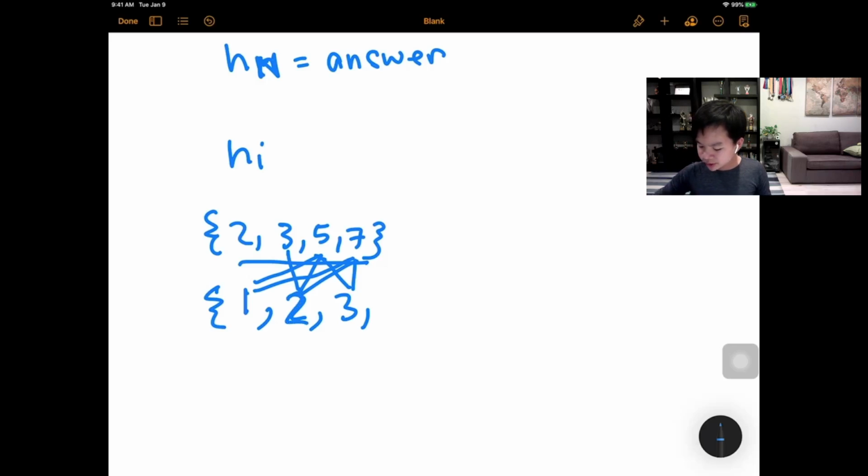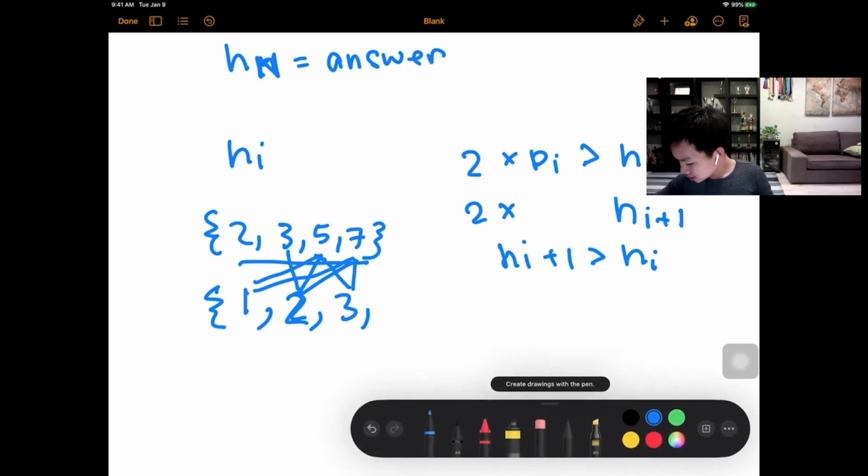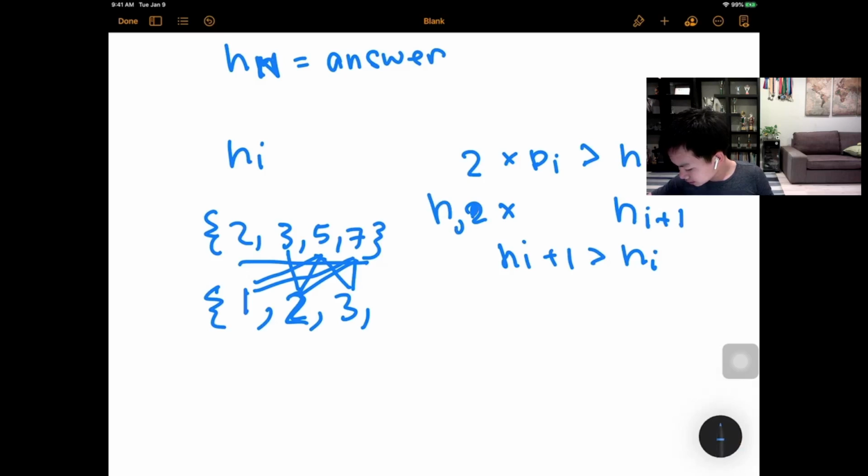if we want to make sure that 2 times a specific prime is greater than our humble of i, then since humble of i plus 1 has to be greater than humble of i, humble of j times P of i should also be greater than or equal to this.